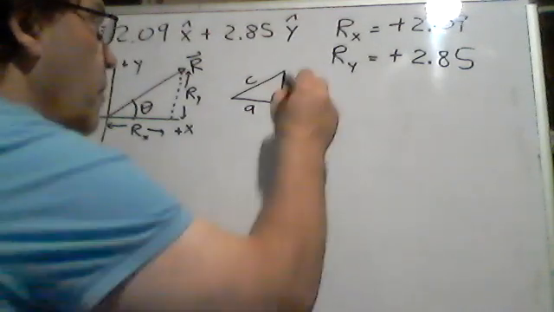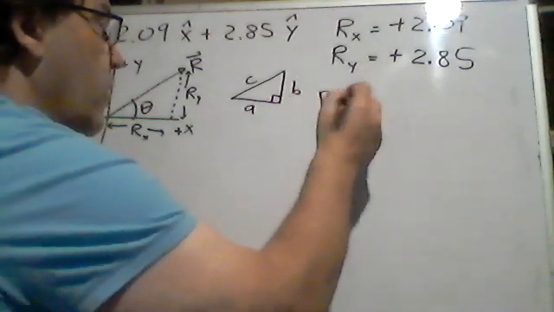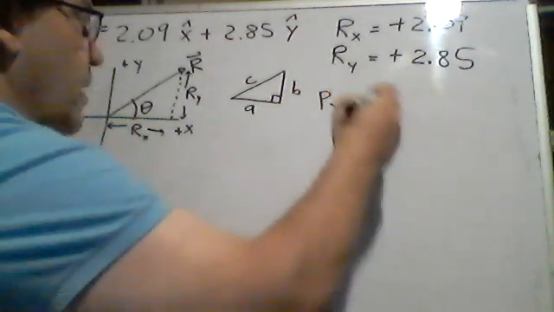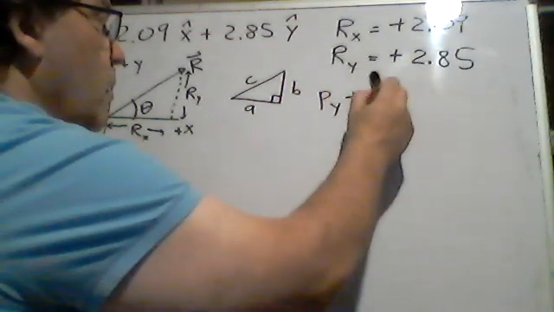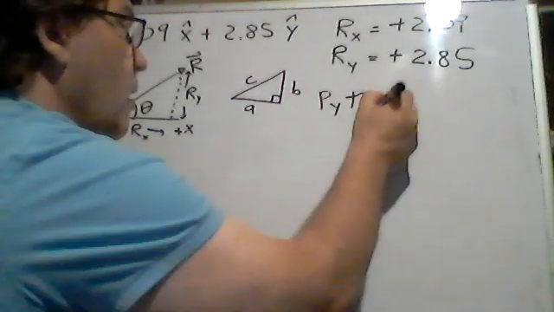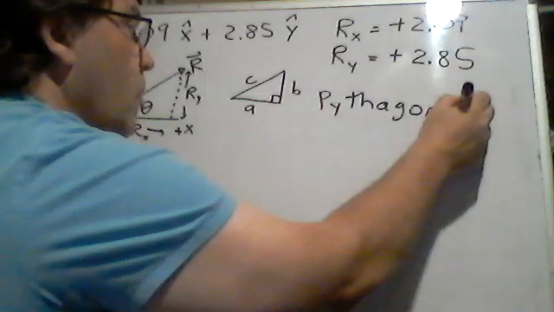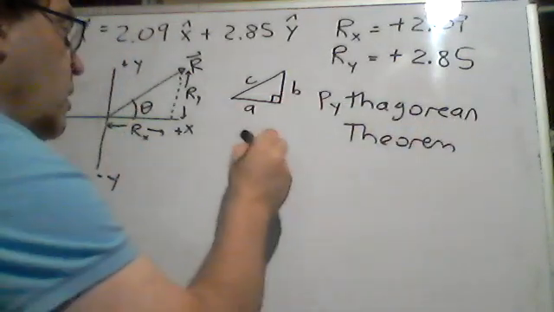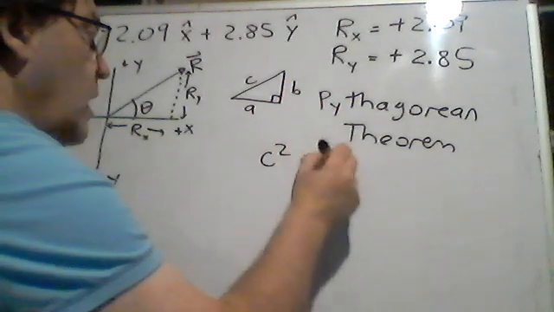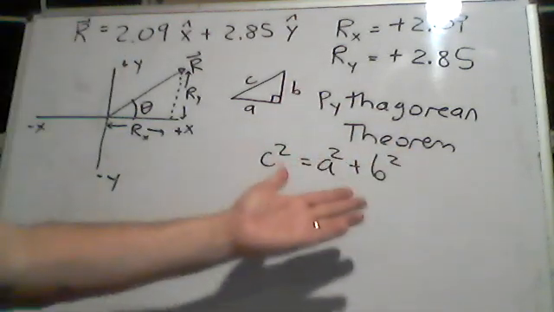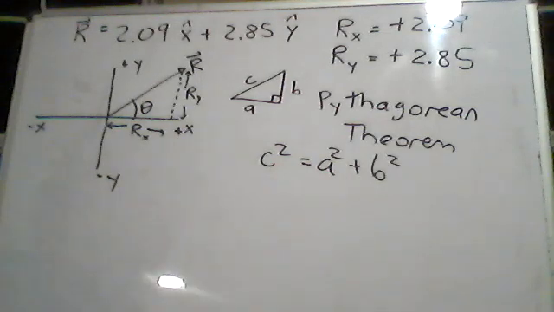The Pythagorean Theorem, from the Greek philosopher and mathematician Pythagoras. Remember that it was c squared is a squared plus b squared. That's all I'm doing.